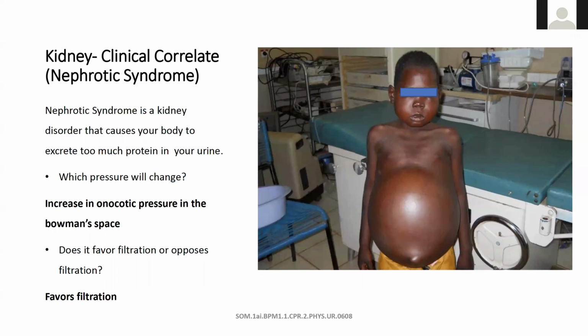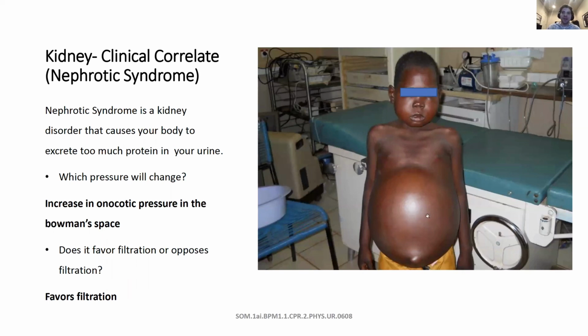With the increase in oncotic pressure, are we pulling in the water more? Yes. Right. So this kid right here has an increased oncotic pressure in the interstitial fluid, so it's pulling fluid out of the capillaries into the interstitium.